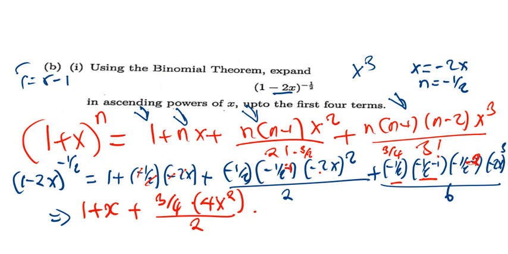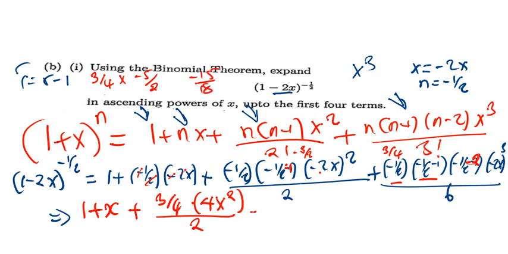So we have negative half minus 2, which is going to be negative 5 over 2. Okay, so we have negative 5 over 2. So I'll do it from here. We have now 3 over 4 times negative 5 over 2. So this is going to be negative 15 over 8.